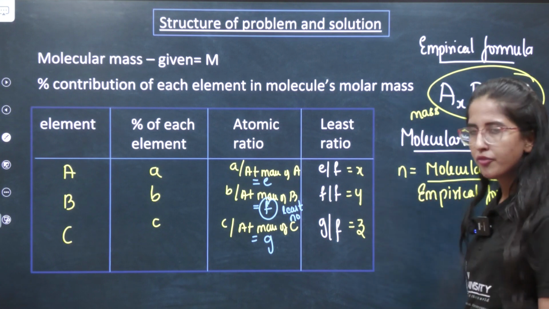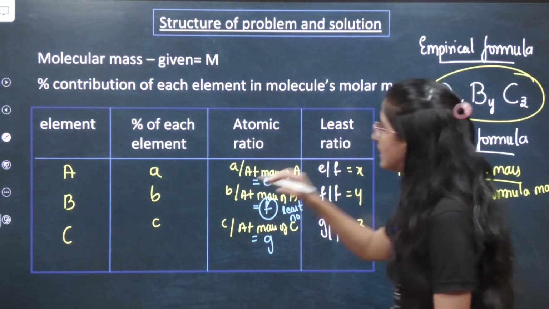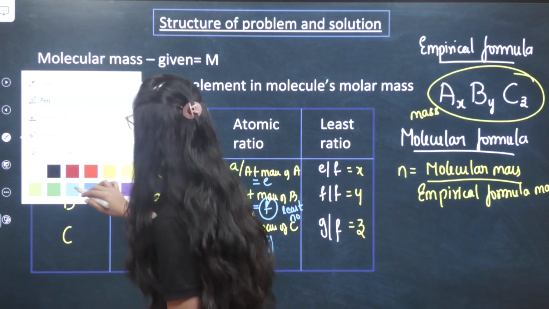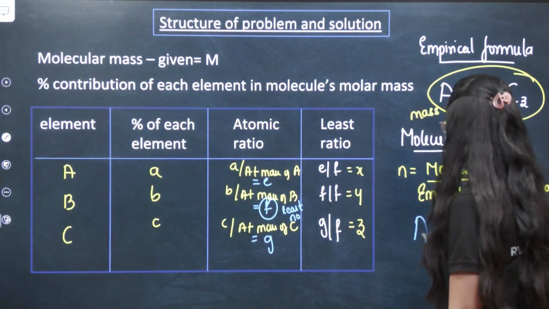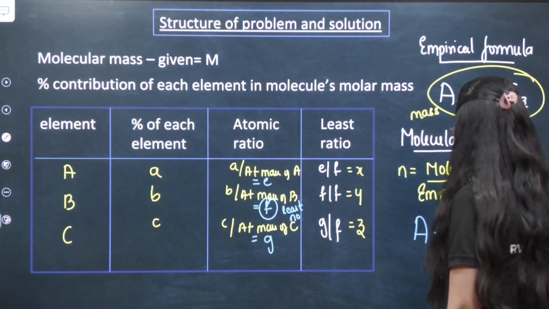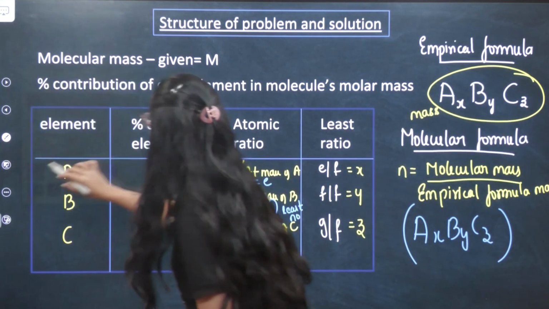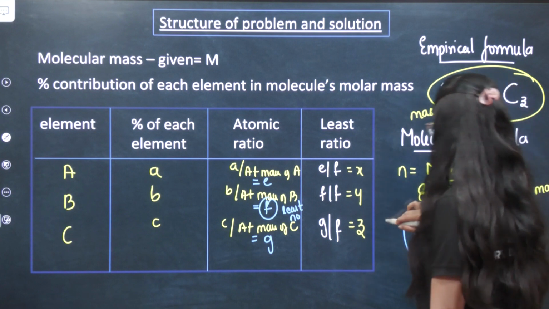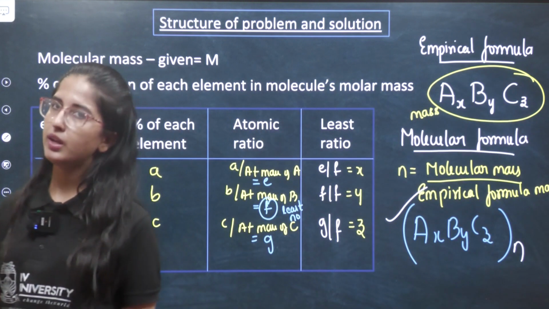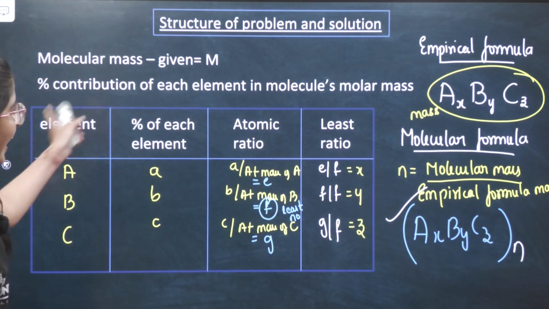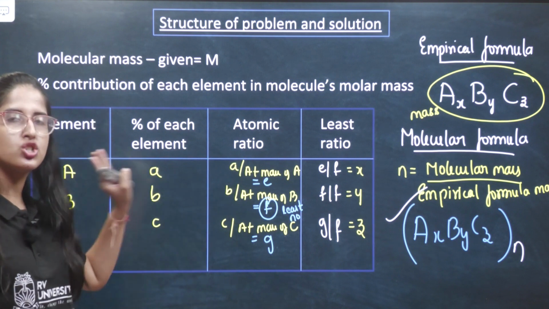That will give you the value of n. Now the final step: you take your empirical formula, that is AxByCz, and multiply it with your n value. This will give you the molecular formula finally. Understood? Every problem will have the same structure.